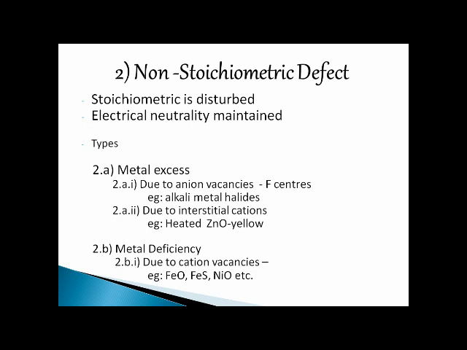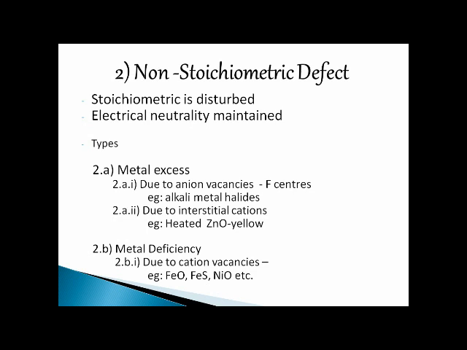Here, in metal excess defect due to interstitial cations, it is electrically neutralized by the presence of an electron in some other interstitial site. For example, zinc oxide is white in color at room temperature, but at high temperature it turns yellow.